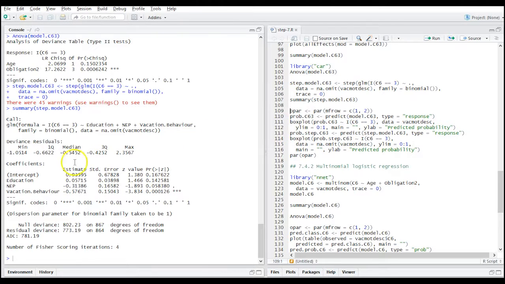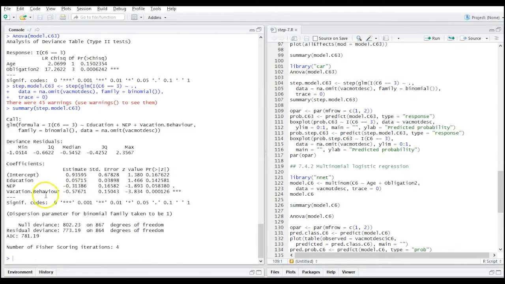So we automatically selected only 3 variables. Neither age nor obligation are selected. We have education. The higher the education value, the more likely to be in segment 3. The higher the NEP score, the less likely to be in segment 3.